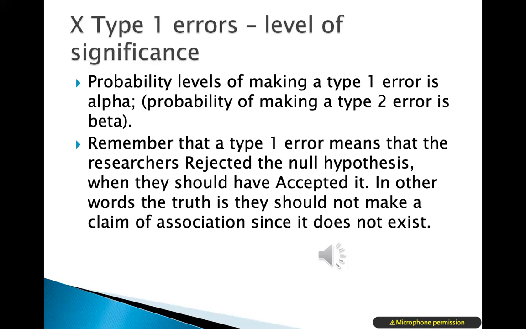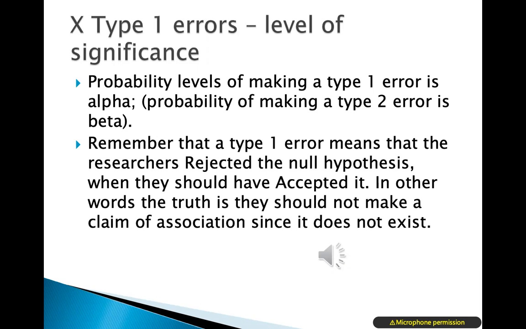And the way we are going to remember type 1, and then later we'll add type 2, is by the bold letters RA. So if you see below, the first R stands for rejected and the bold A stands for accepted. So this is what will help you remember it for the exam.